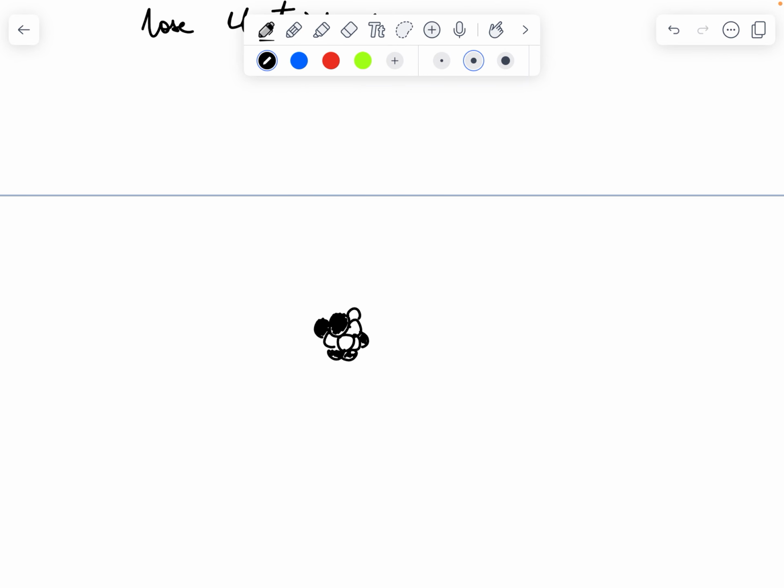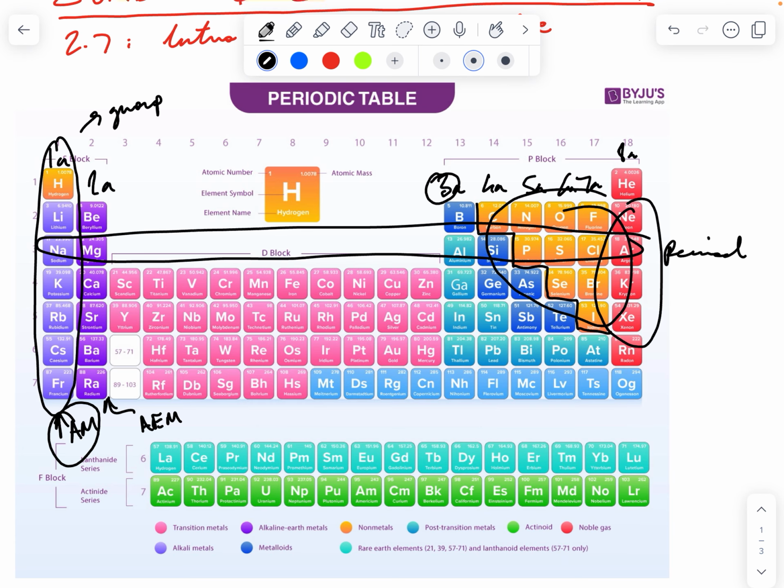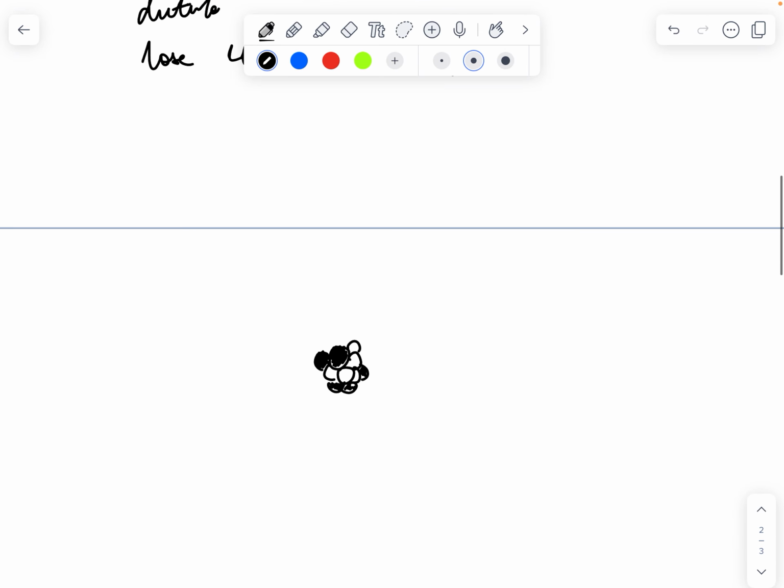So this should be 5. And then because it's in column 13, it would have 3 valence electrons.